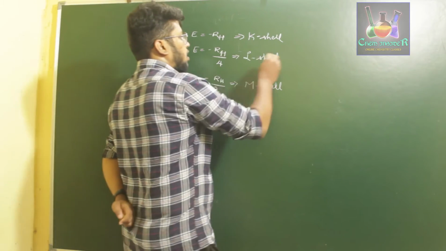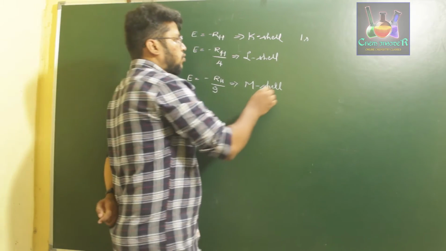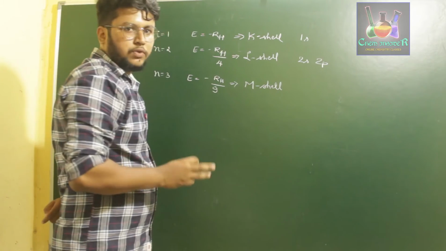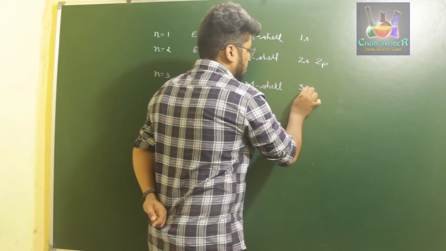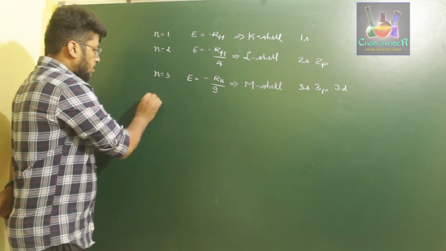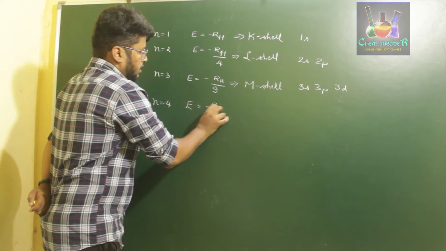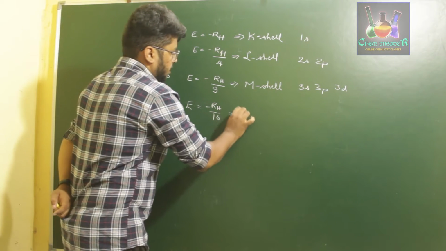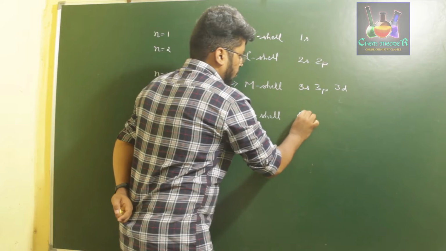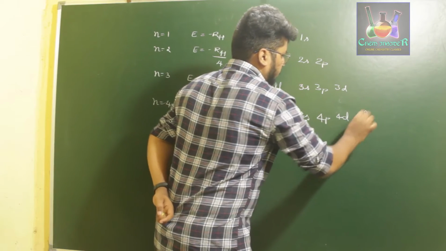So for the K shell we have just one, the 1s orbital. For the L shell we have two, 2s and 2p. For the M shell we have three subshells, 3s, 3p and 3d. Similarly for n is equal to 4, energy will be equal to minus RH by 16, with orbitals 4s, 4p, 4d and 4f.